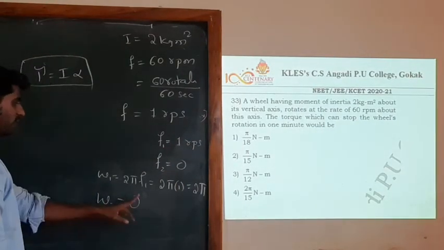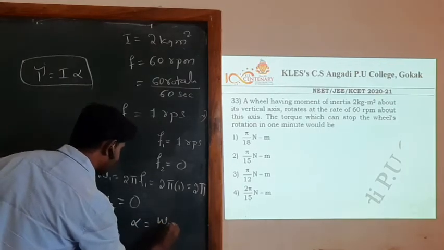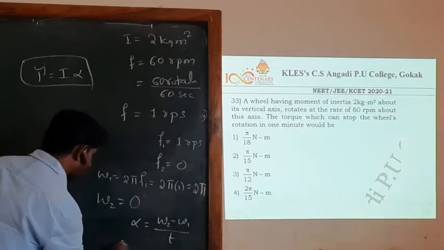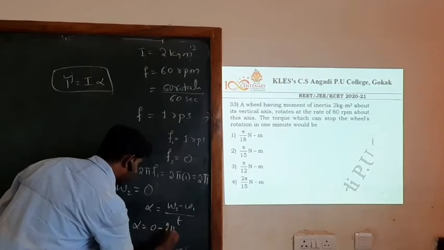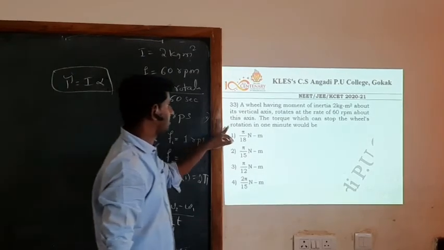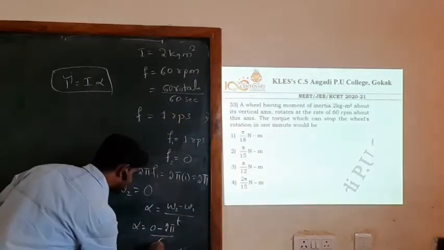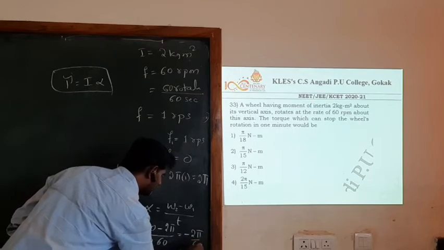Omega 2 is 0. So value of alpha is the final minus initial angular velocity divided by t. Final value is 0 minus initial value 2 pi, divided by time. T, they said it stops in 1 minute, so 1 minute means 60 seconds. So the answer is minus 2 pi divided by 60.